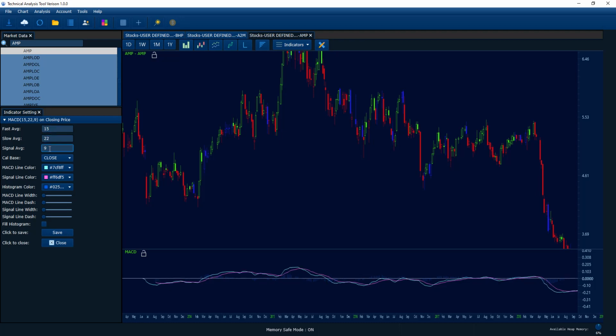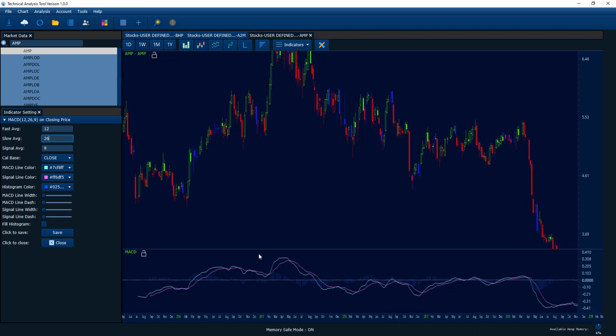As you can see, once you change those settings, the MACD is automatically drawn according to your latest setting or input. Let's bring everything back to the default. The 9 means the signal line's average unit number. You can change that as well.